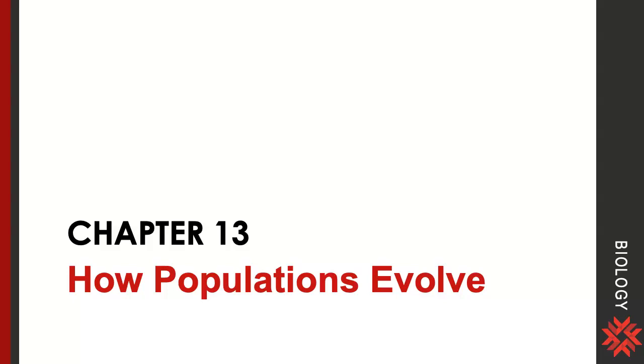Now we're going to take a step back. In Biology 3013, we're going to zoom back out to the individual organism level. We're going to look at how all of these different organisms came to be, so we'll focus on evolution for that.